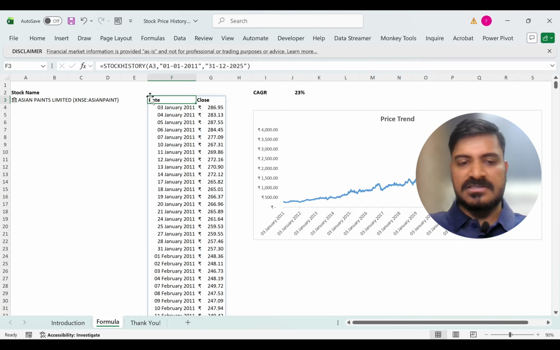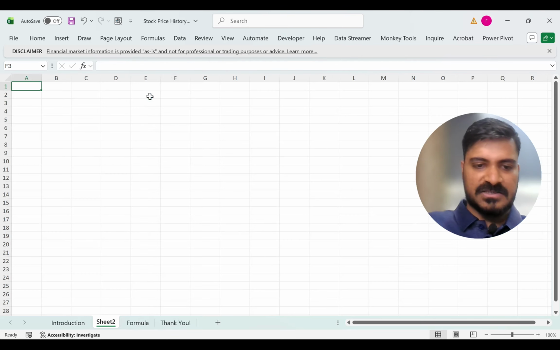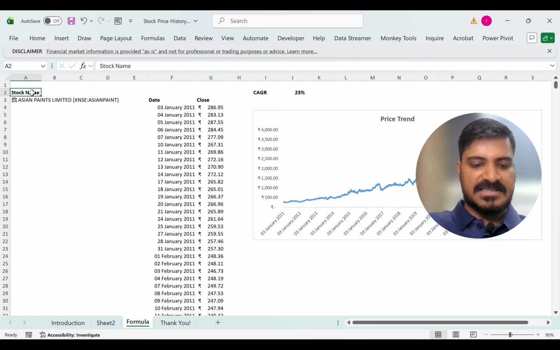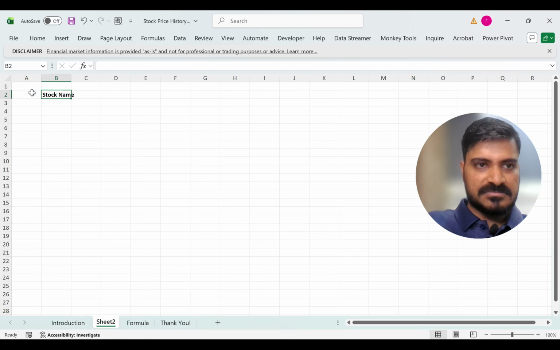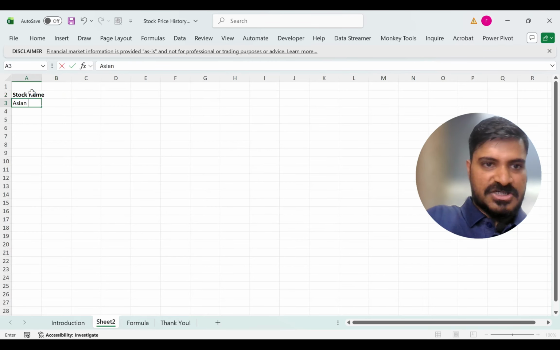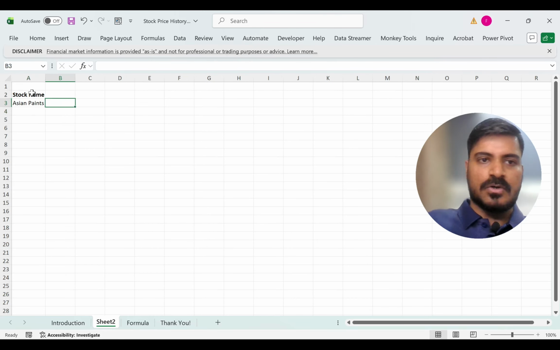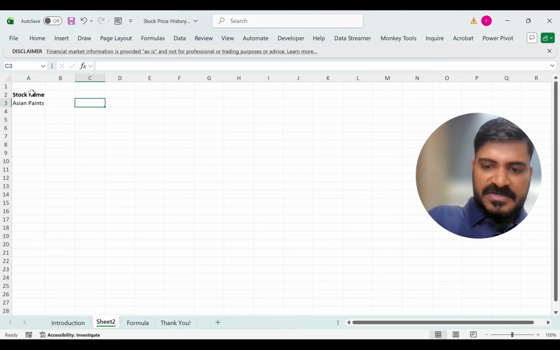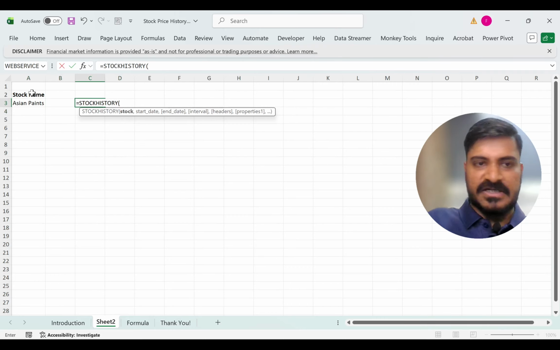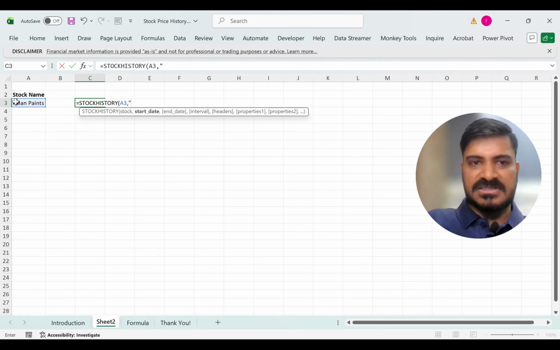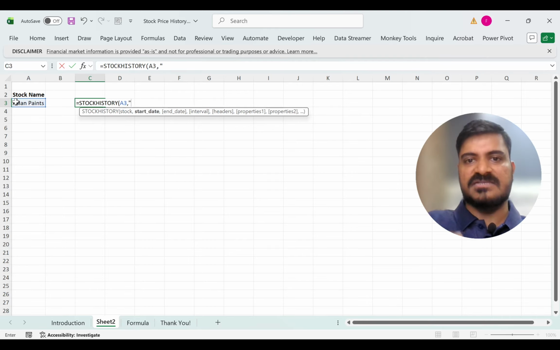Now let us do it from scratch. I'll create another worksheet, and in that, I'll simply type the name. Let me just type Asian Paints. Now, if I want to apply the formula of stock history, if I simply type stock history, it will appear here, and I'll select the stock name, comma, start date. So I want the historical prices from when.